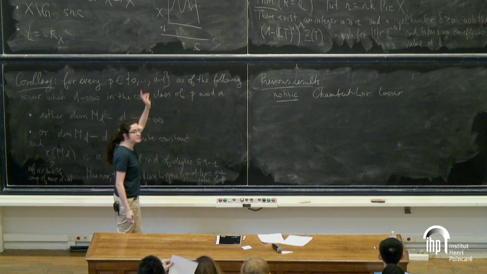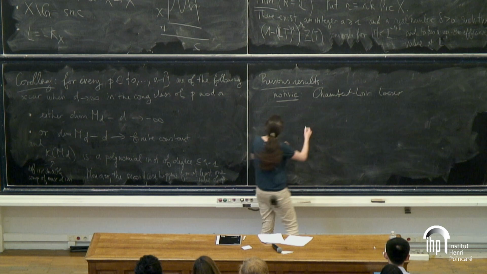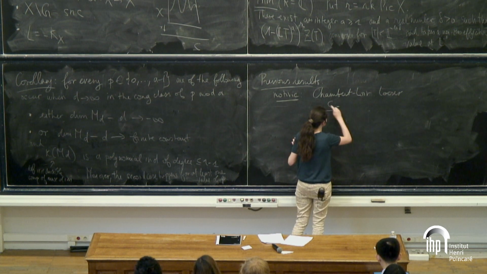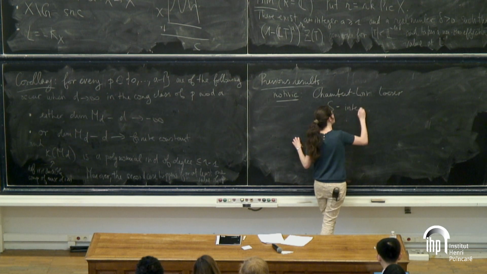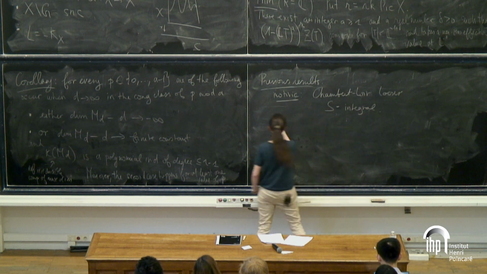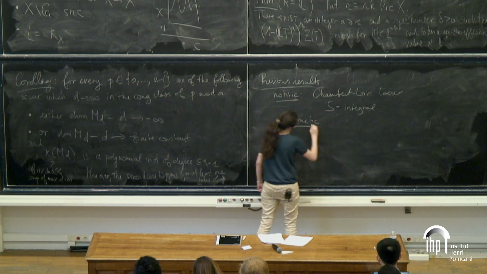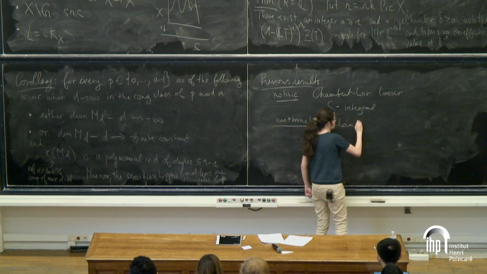So the sections can only exit the open set in a fixed number of points, S-integral. And in the arithmetic setting, this is a motivic analog of work of Bilu and Tanimoto.